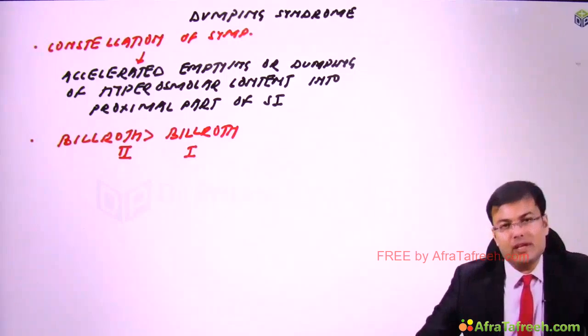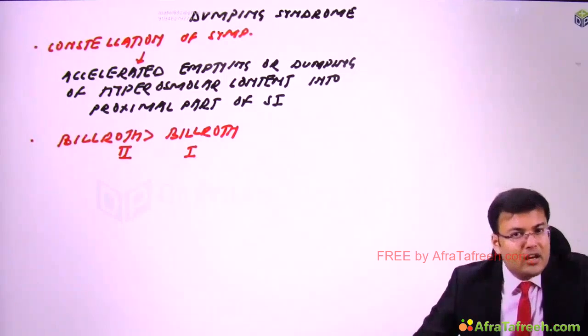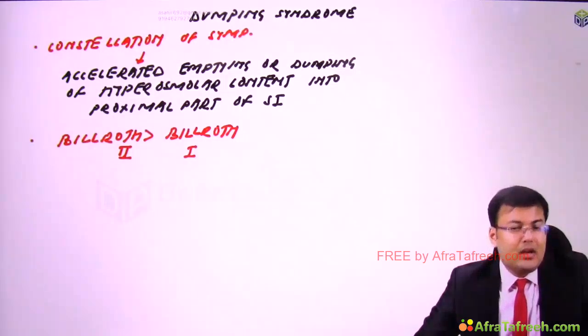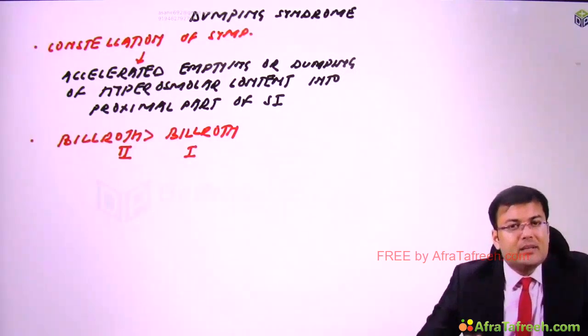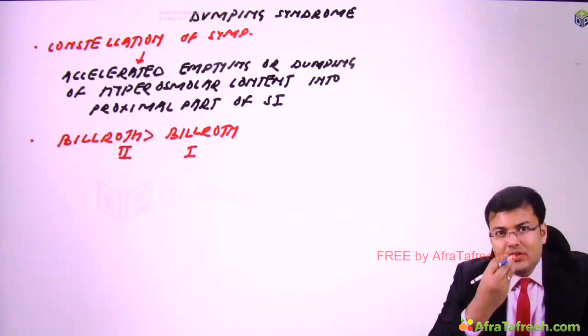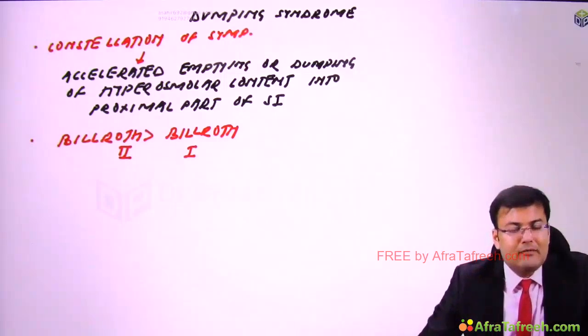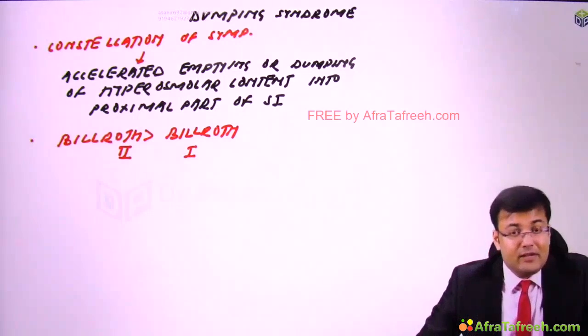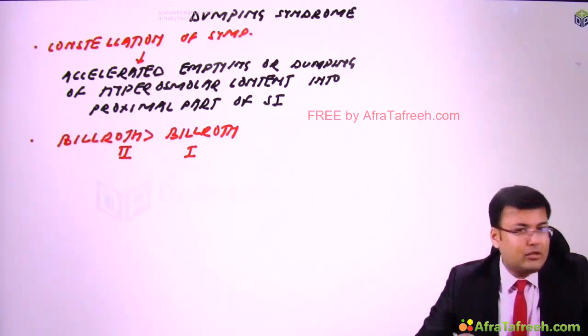This dumping syndrome is further divided into two types, early dumping and late dumping. What happens in early dumping? Somebody is having lunch or dinner with you, and during the meal patients generally collapse within 15 to 30 minutes. So symptoms occurring within 15 to 30 minutes are early dumping. Now see the cause.